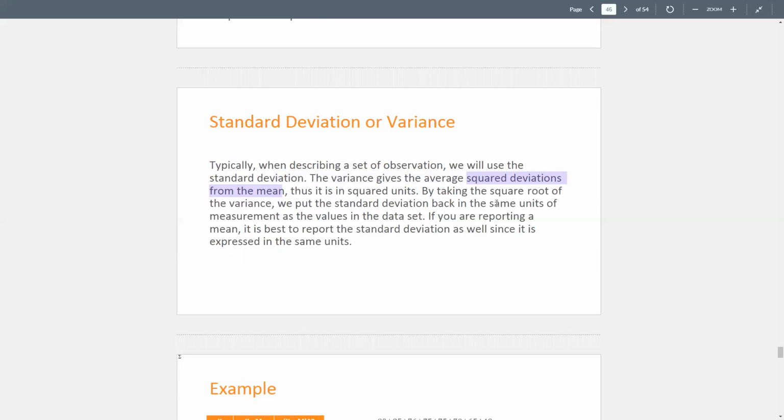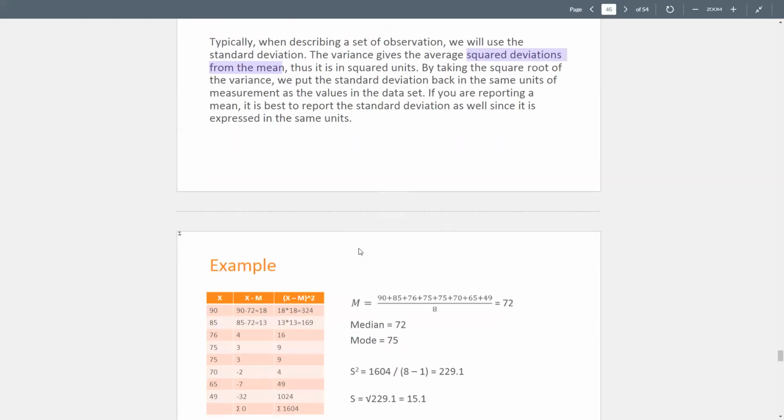That's why we typically like using standard deviations; they're usually easier to interpret than talking about squared units. However, the squared deviations have some nice mathematical properties that we're going to use later on and take advantage of when we talk about analysis of variance and stuff.